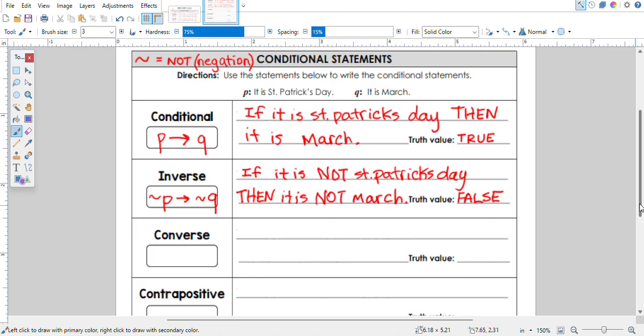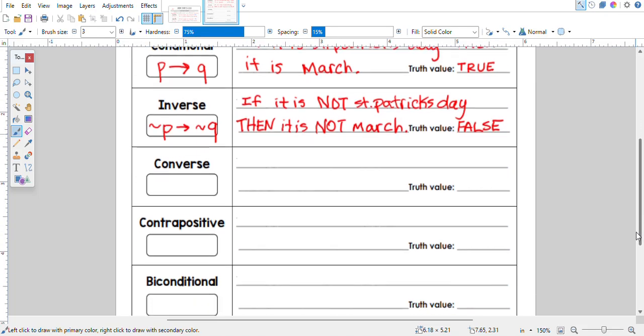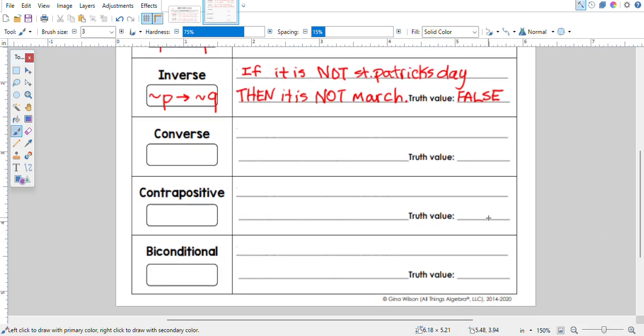Now, a converse statement is the opposite direction. We're reversing it here a little bit. We're saying if Q, then P. If it is March, that's Q, then it is St. Patrick's Day.